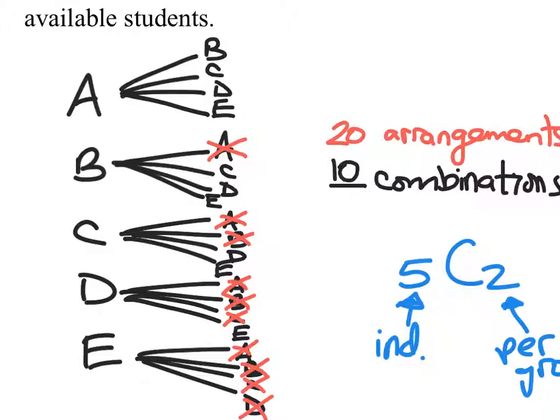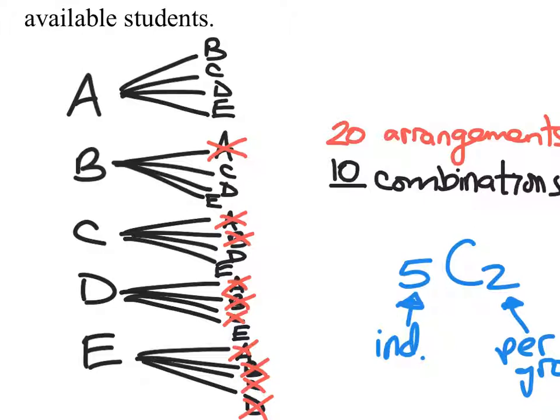So if I had something like, I'll just make something up, 7C2, that's going to be the same as 7C what? 5. 7C5. Right, because I've created groups of 2 out of the 7 available, which means I have 5 leftovers in each case.